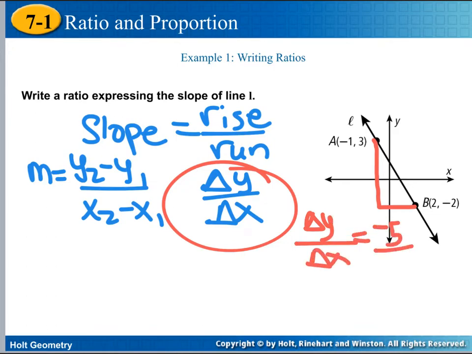And now I have to find the change in x. And if we look at this, the x value is at -1, and it's moving to 2. So from -1, it's going to move 1 unit to 0 and then 2 more. So that's a change of 3 units. So this would be -5 over 3. And that would be my answer. That's the ratio that describes the slope of that line.